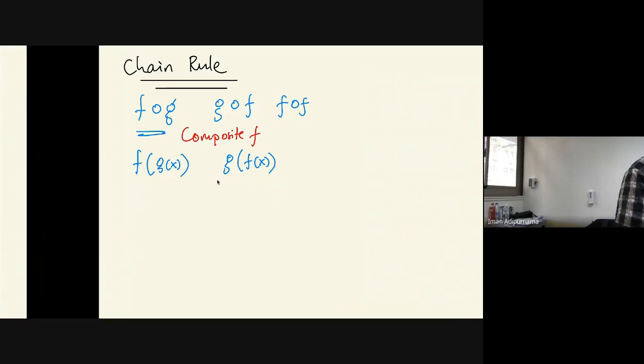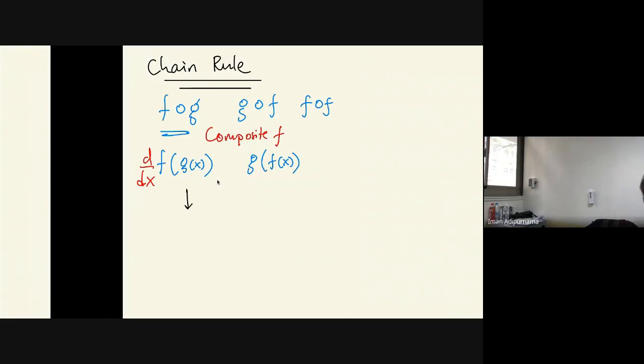So for example, if you want to derive this composite, f with g of x at the inside, we can say that this is f prime of g of x.